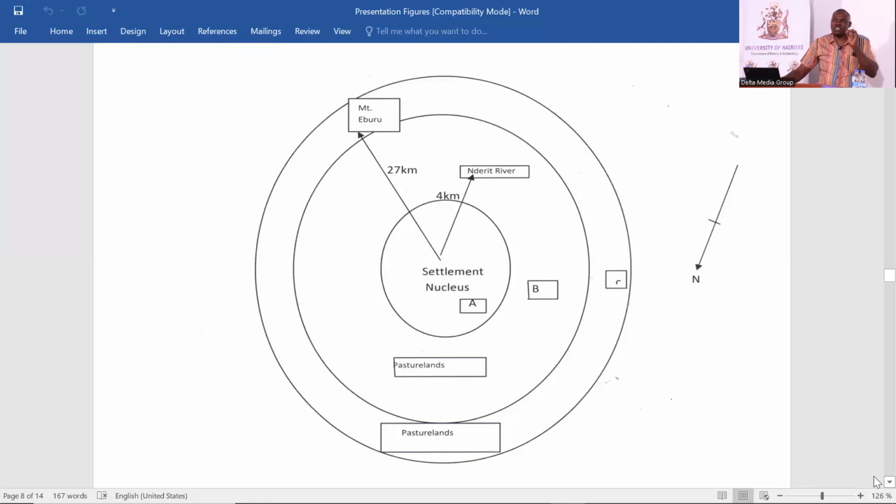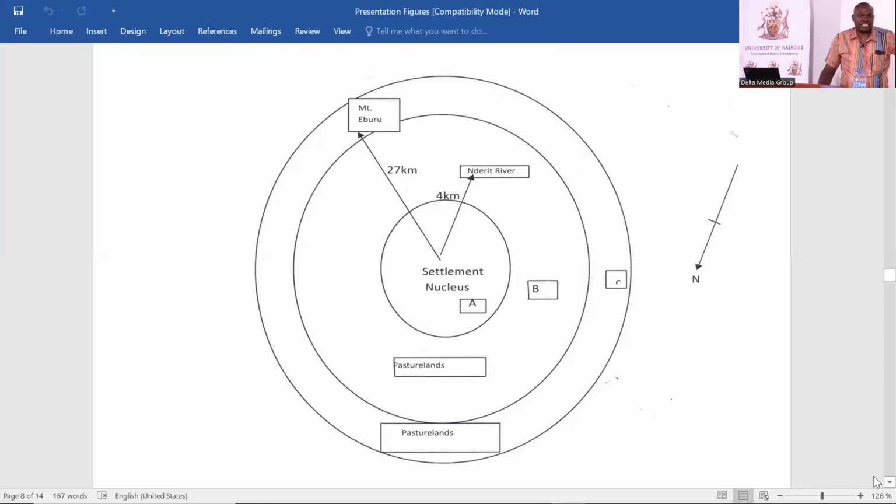How does the site of Iraq's Hill relate to Lake Nakuru, which may have been a source of water for the prehistoric communities? How does the site of Nderit relate to River Makaria, and so forth? So that comes at the macro level.